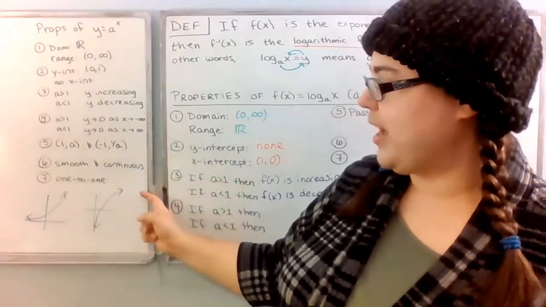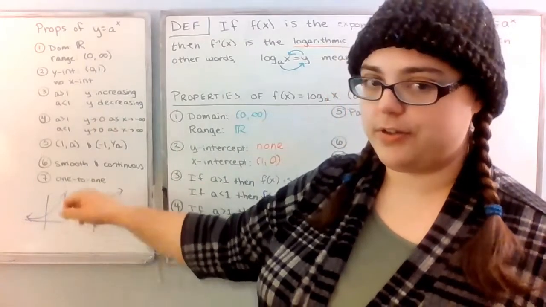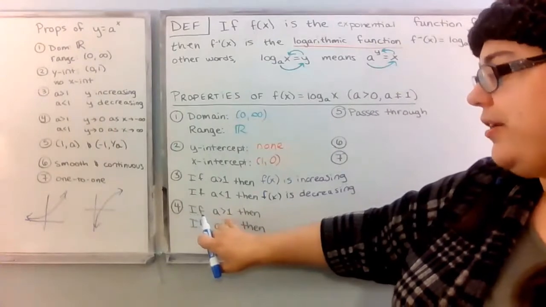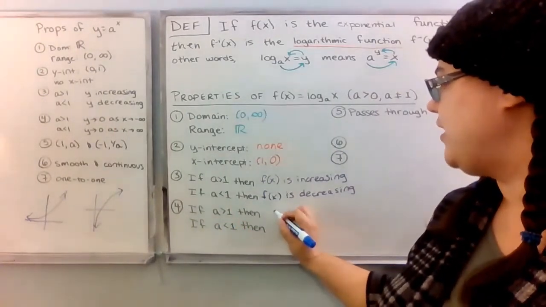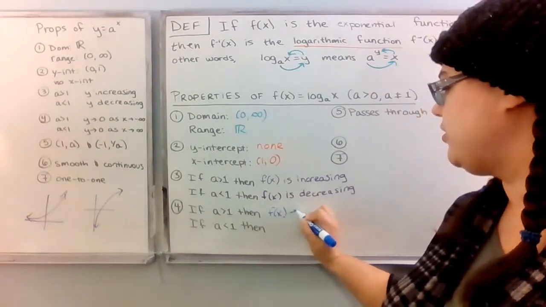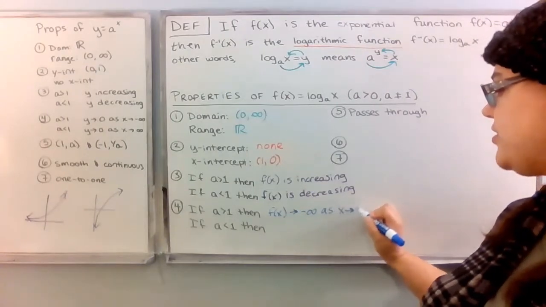So if we look at what's happening here, y is going to -infinity, and the x value is getting closer and closer to 0. So if a is greater than 1, then we're going to say f of x gets close to -infinity as x gets close to 0.